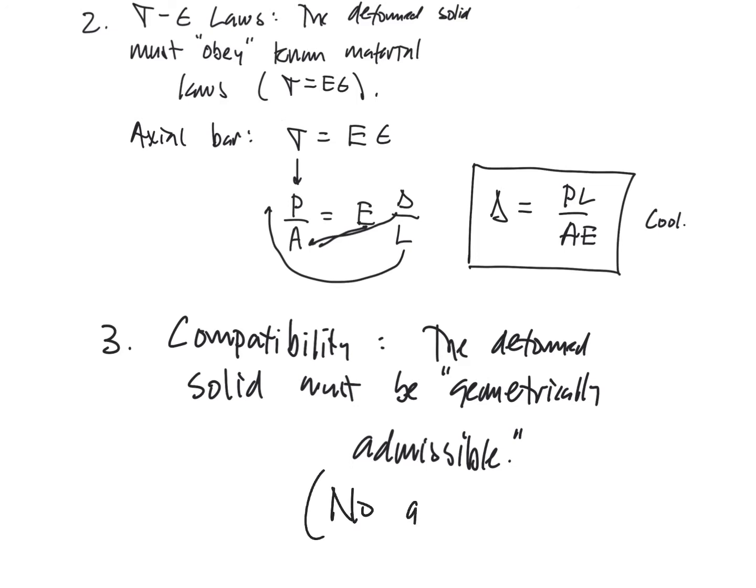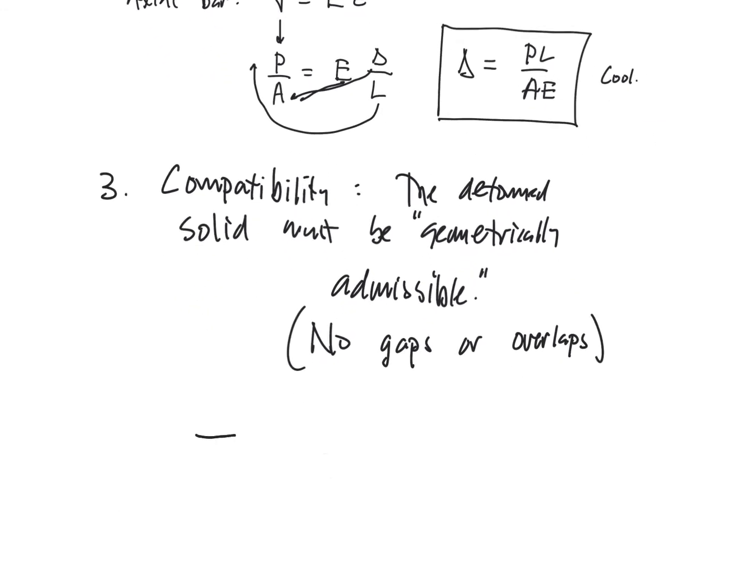I'll put this parenthetically. There are no gaps. We would have had a gap if the silly putty had shrunk and the titanium had just sat there. There would have been a gap between the point of connection. That can't be. So there are going to be no gaps or overlaps in our deformed solid. So those are the big three.